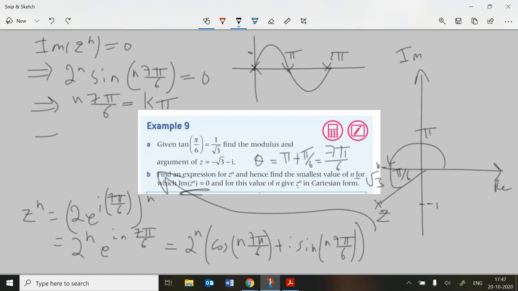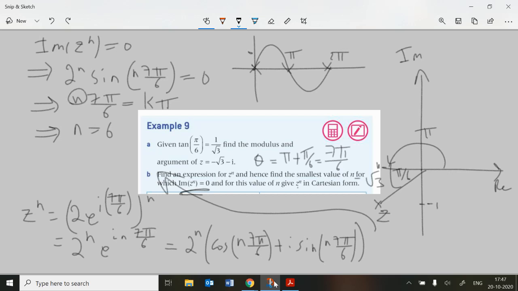So this would imply, under the condition that n has to be a natural number, that n has to be equal to 6. Now, obviously, if n is 12, that would also cancel with the 6, leaving us with 2 there, but that wouldn't be the smallest value. Likewise this works when you're dealing with minus 5 pi over 6, like the book version.